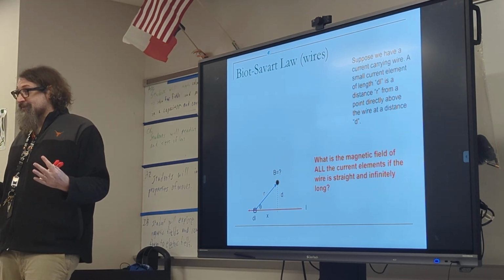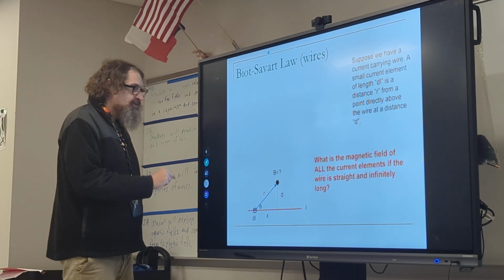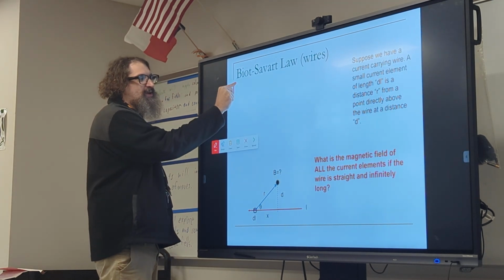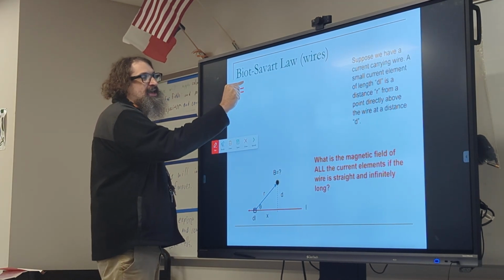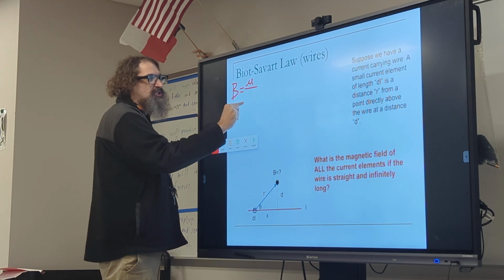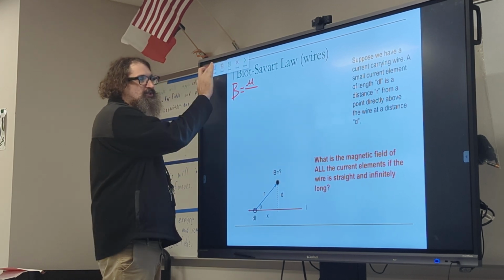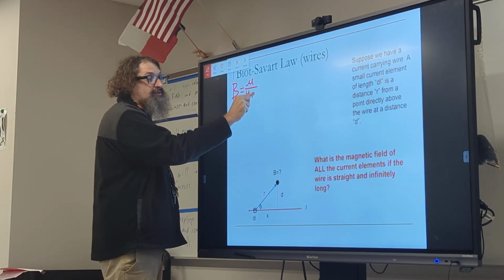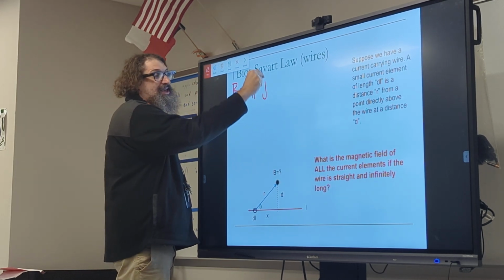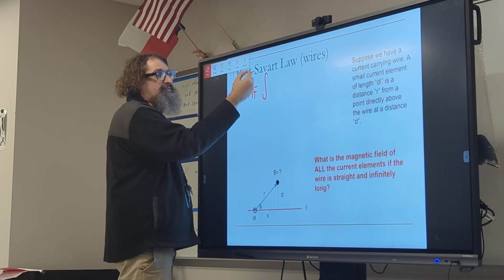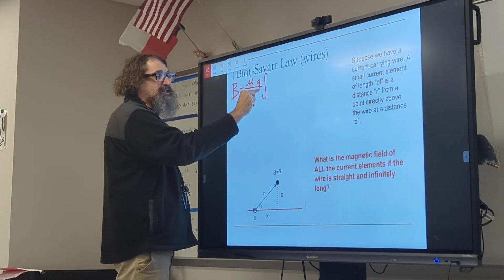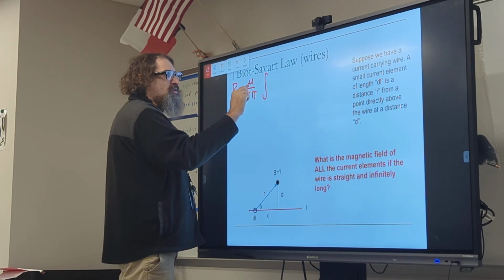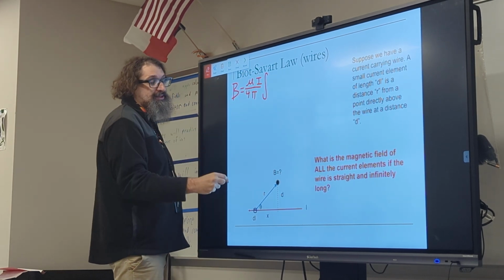Set it up. Okay. So, starting from that first equation, there's another way I can write this. B is equal to mu over 4 pi, the integral of, actually I can pull the q out, no, we don't have a q, we have an I. Sorry, we can pull the I out because the I is constant.